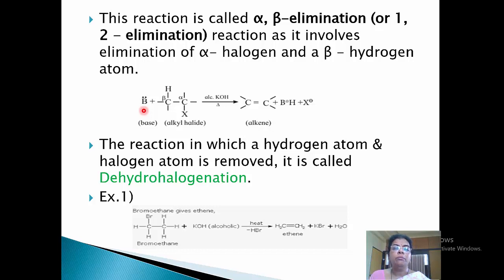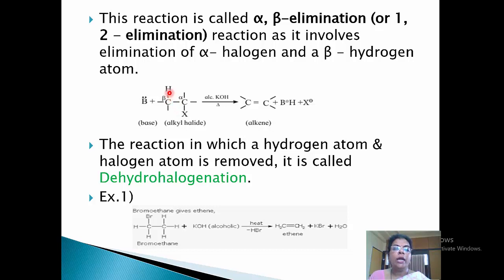Then the carbon and halogen bond breaks heterolytically, and this carbon hydrogen bond also breaks heterolytically. H plus ion is formed, and the bonded electrons come in between the alpha and beta carbon atoms, and formation of double bond takes place.